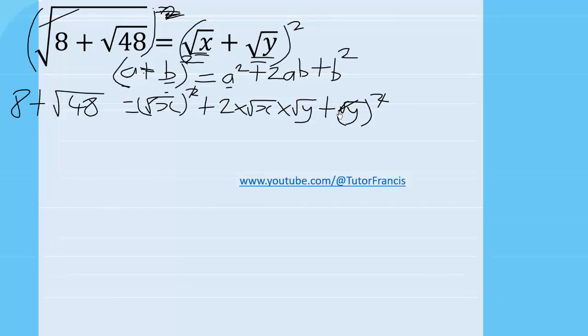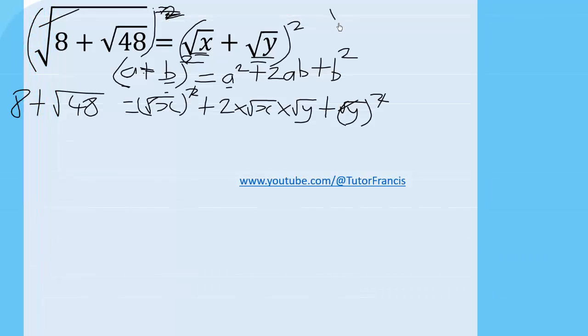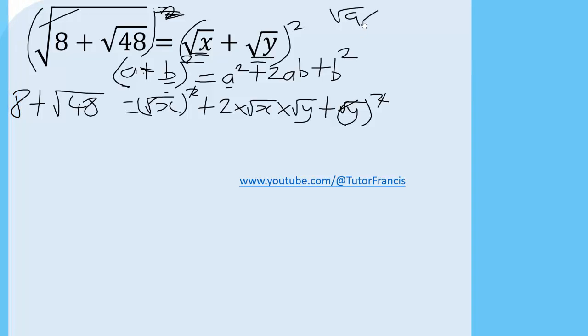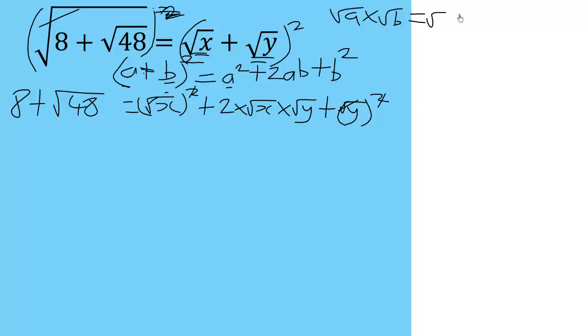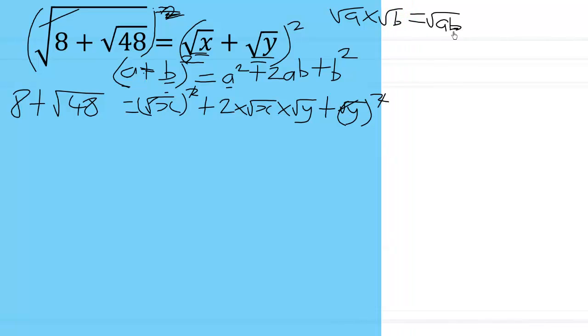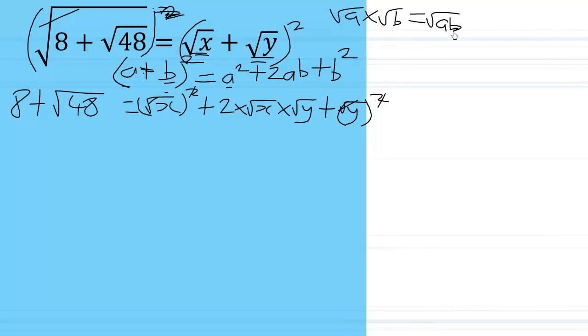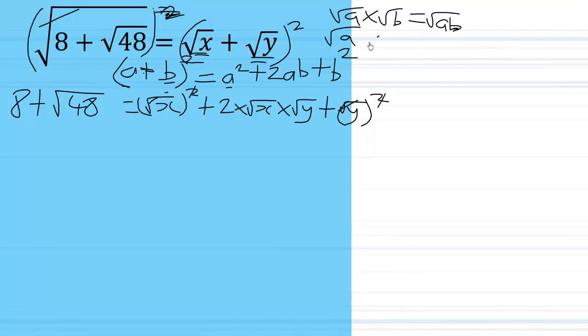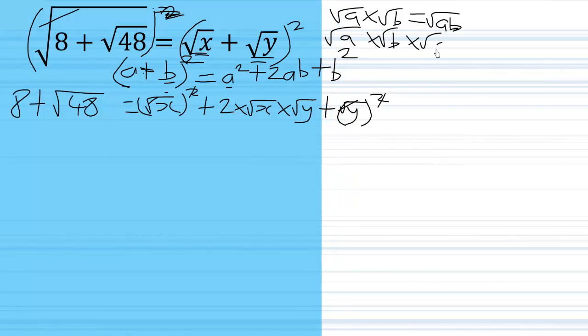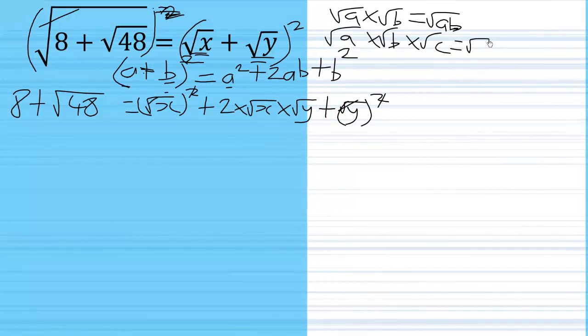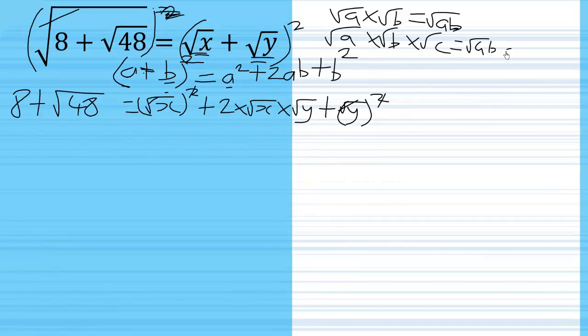Then you recall that square root of a times square root of b is equal to square root of ab. So by extension, square root of a times square root of b times square root of c will be square root of abc.